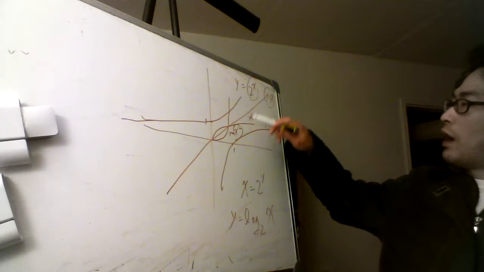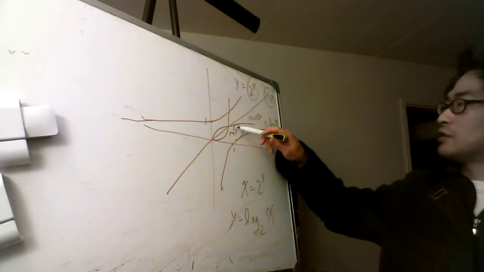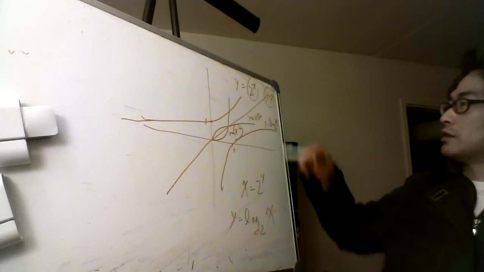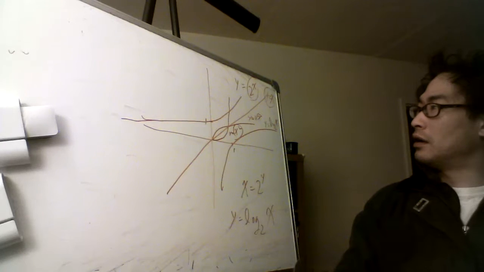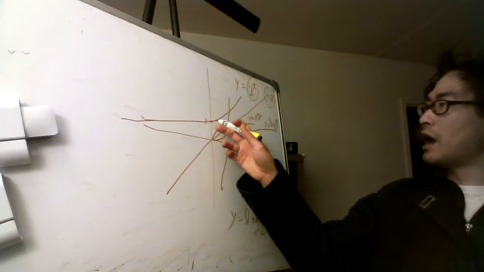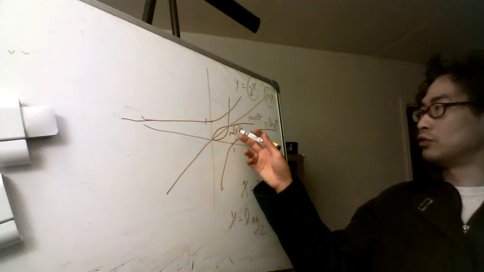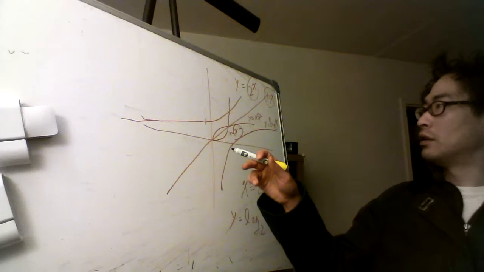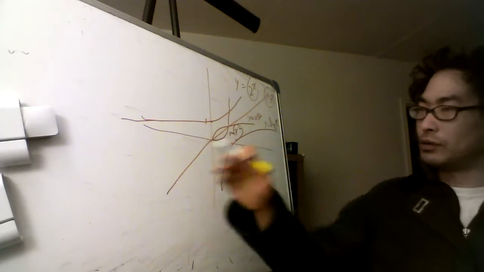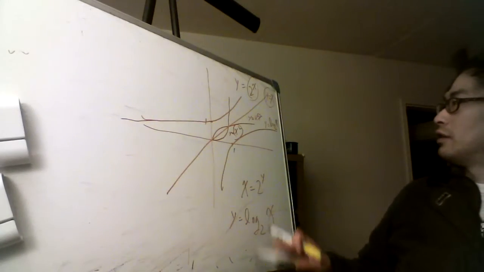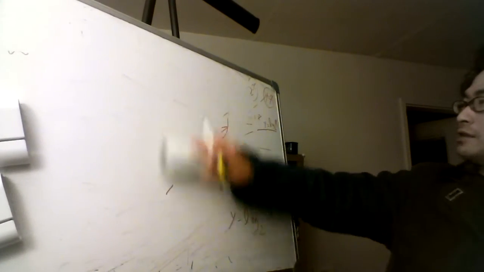Y is equal to x squared, and y is equal to 2 to the x. Initially, y is equal to 2 to the x was higher than y is equal to x squared. But later on, you got it. So we're gonna highlight only two guys here.